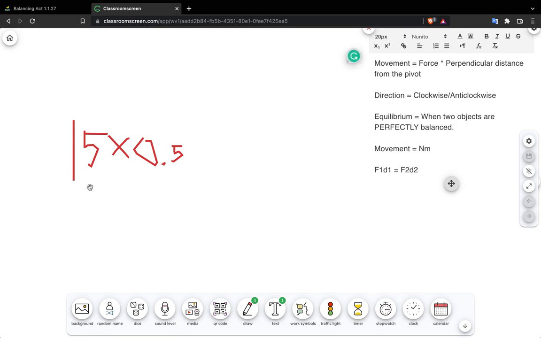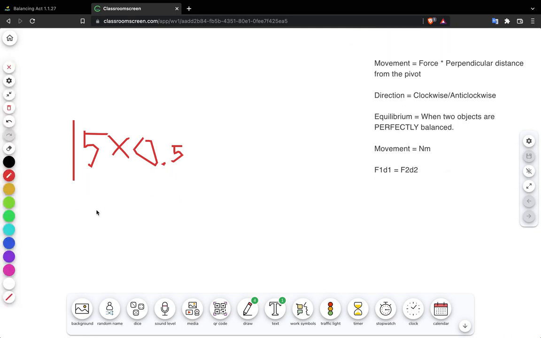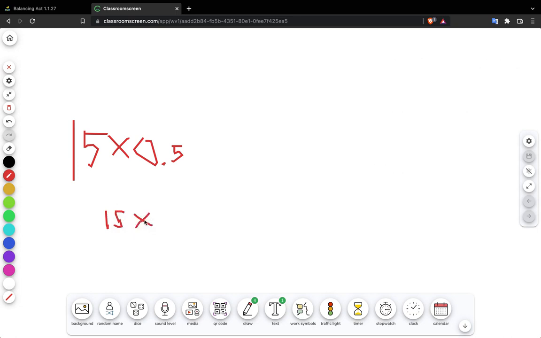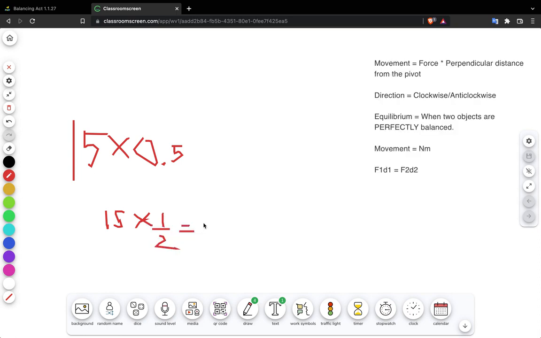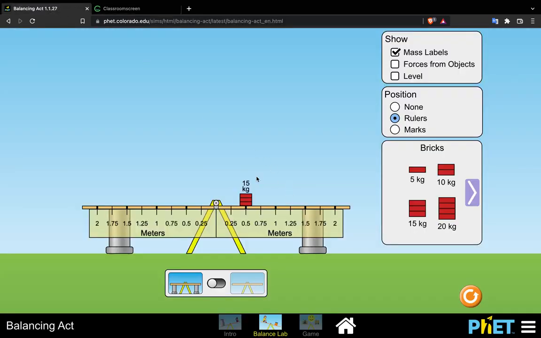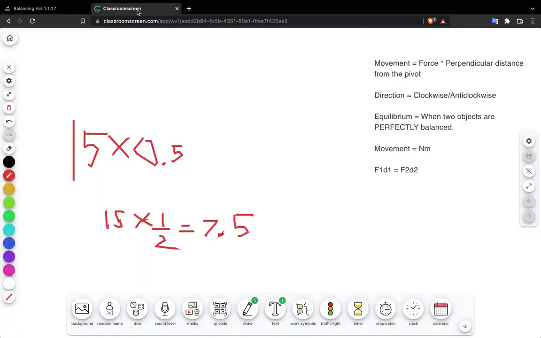So this is F1 D1, 15 into 0.5. I hope you all do know that 15 into 0.5 is basically just 15 divided by 2, which is equal to 7.5. Now the movement here, which is F into D, is 7.5, or basically the F1 D1 is equal to 7.5.